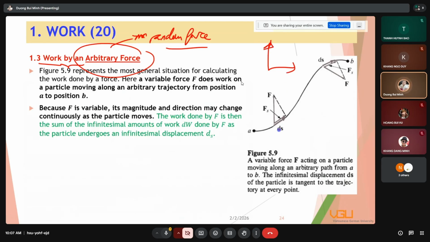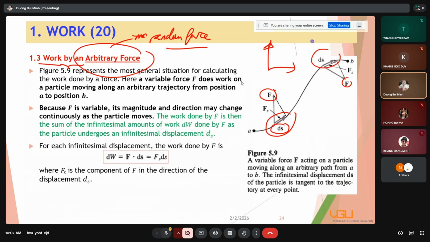For example, here we have displacement, and this one is F. We need to find the projection of F onto ds. Here this is ds and this is F. You need to figure out the projection of F onto ds, and then you can get work.